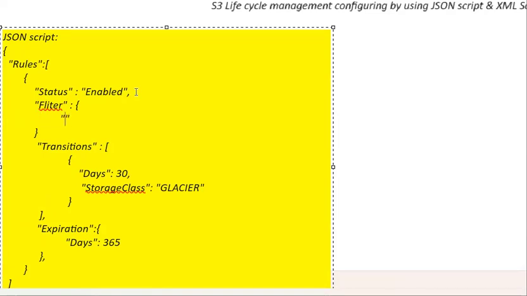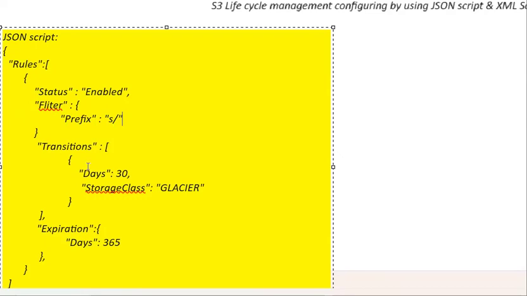So let's say if my objects start with the S prefix, I want to filter all those and apply these rules only to those. So then you write it like this. Like this, you can write Filter, Transitions and Expiration.